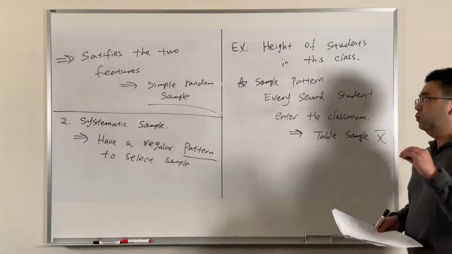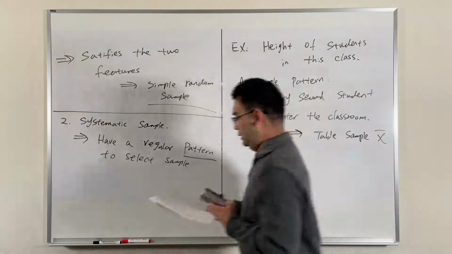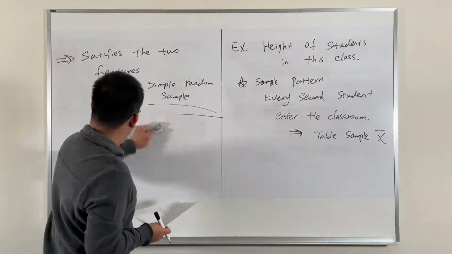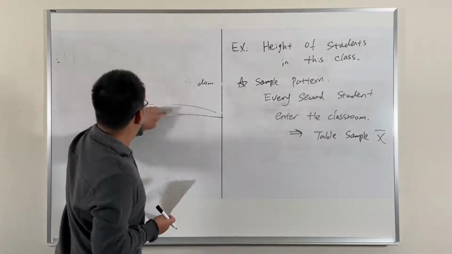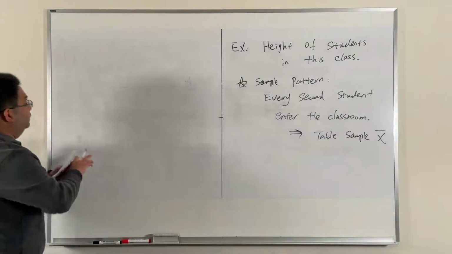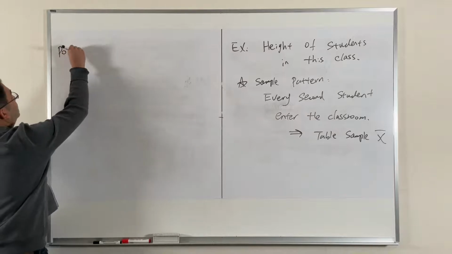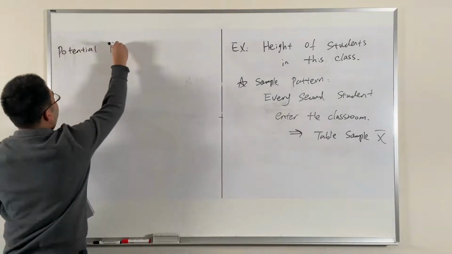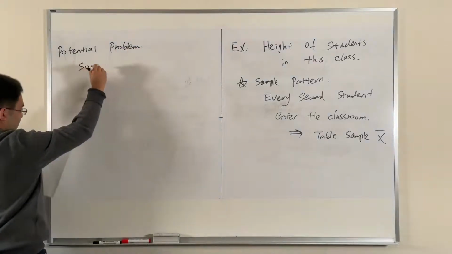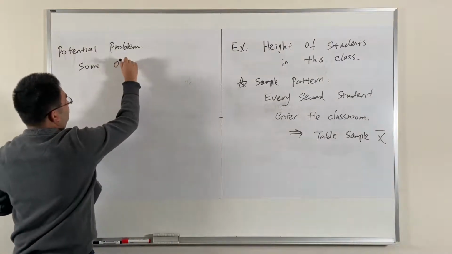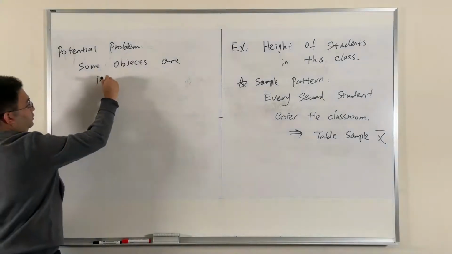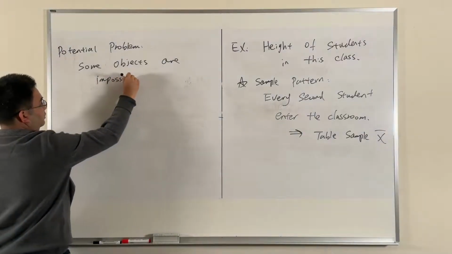But there's a problem with this method. Let's talk about the potential problem. Okay, so in this case, some objects are impossible to choose.